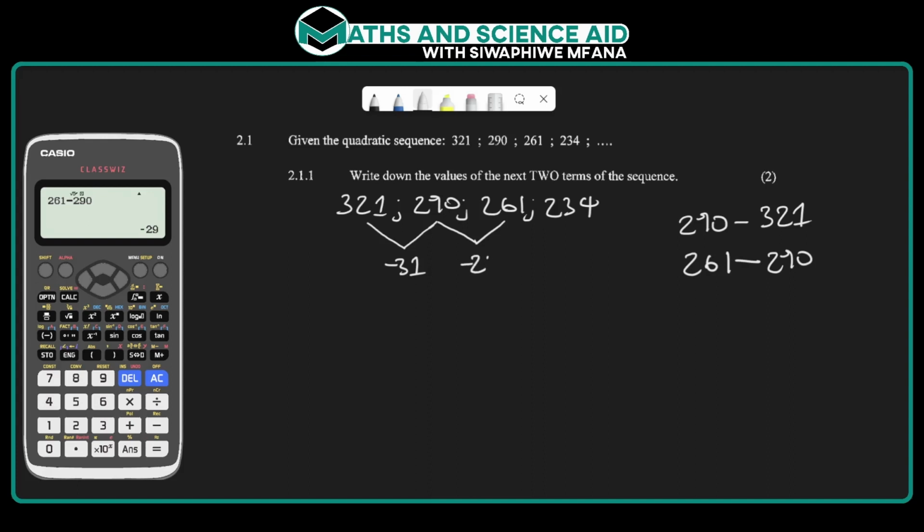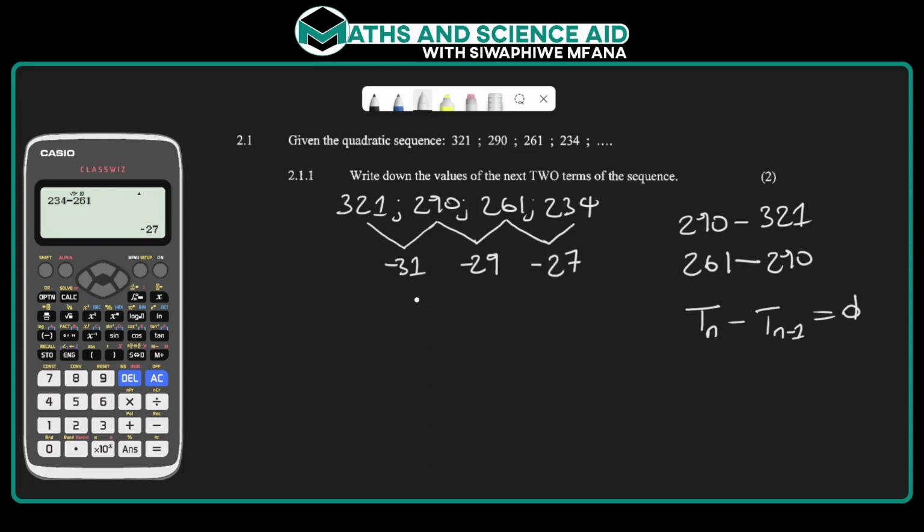It is important to note that whenever you are calculating the difference, if you have a term Tn, you subtract the previous term Tn minus 1 in order for you to find the difference. And so even for the last two terms in our sequence, we will have 234 minus 261, and that gives us negative 27.